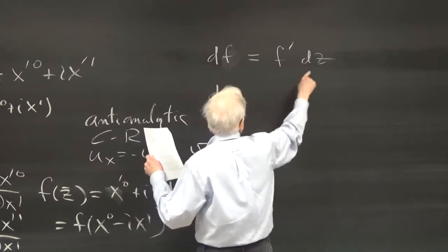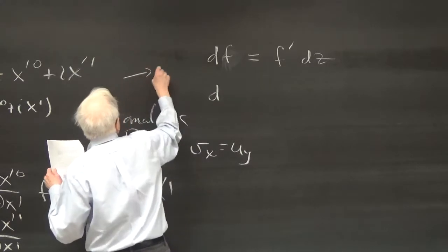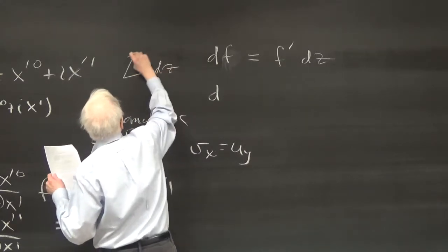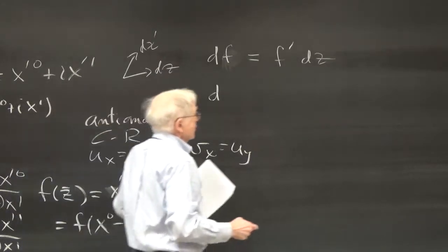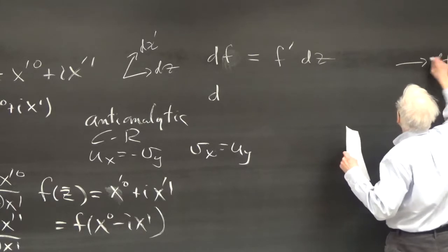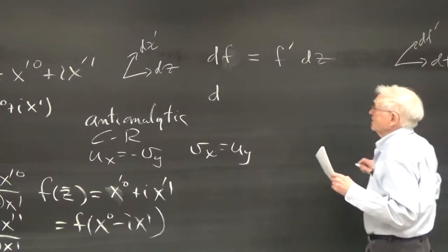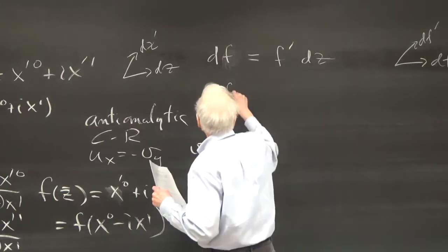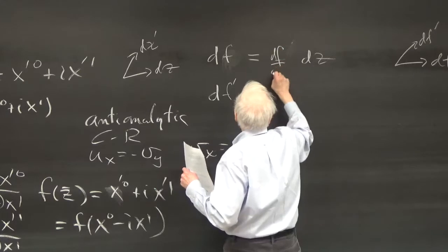And if we have dz going this way and dz prime going that way, then over here we're going to have df and df prime, and the relation is df prime, well maybe I should write this as df dz.